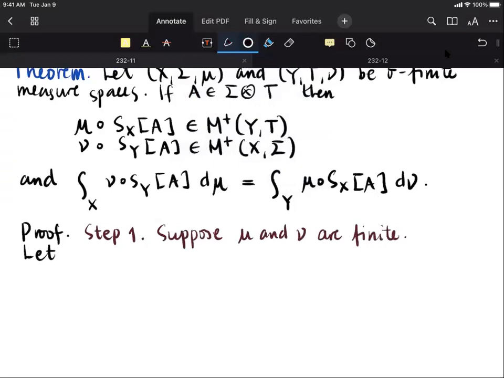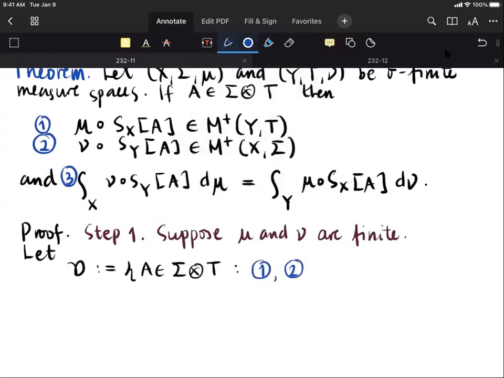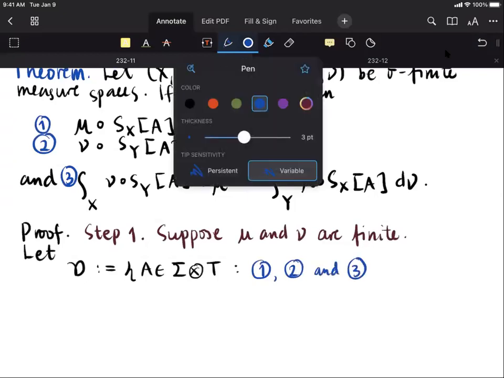Let us define, let D be the set of all A in the product sigma algebra such that, let us name this as 1, 2, and 3, such that 1, 2, and 3 hold.